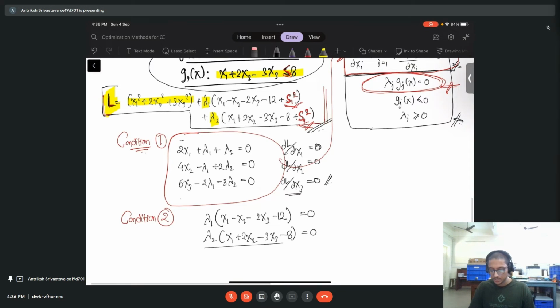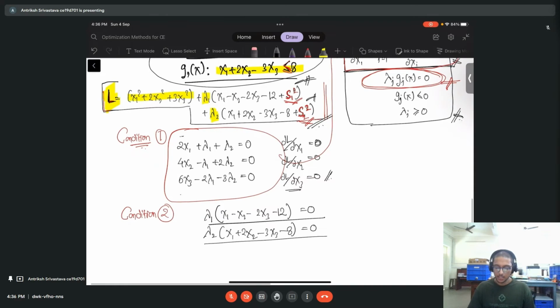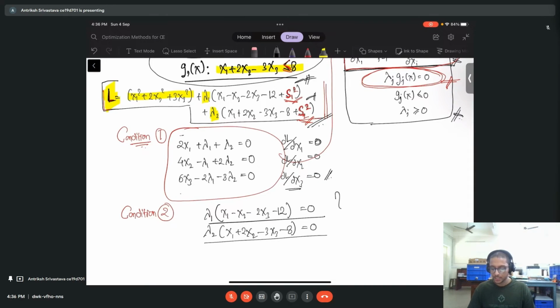When we are writing this, we don't consider the slack variable, because this condition is actually to check which constraint is active or not.